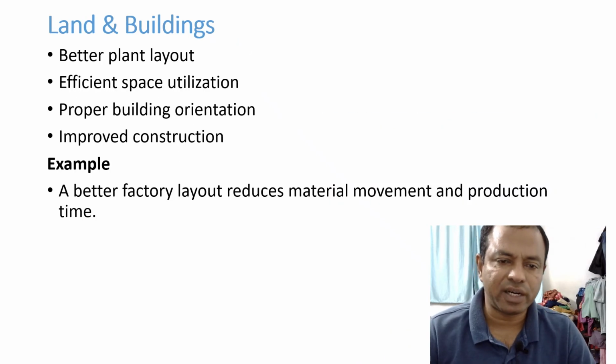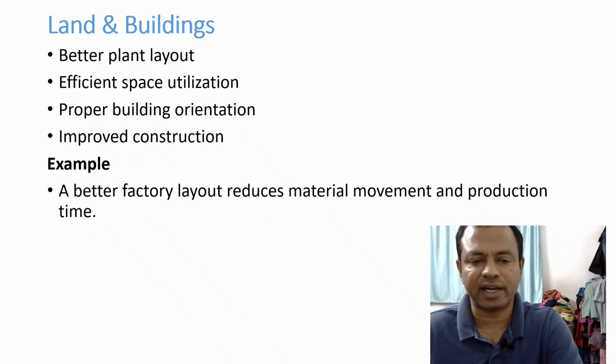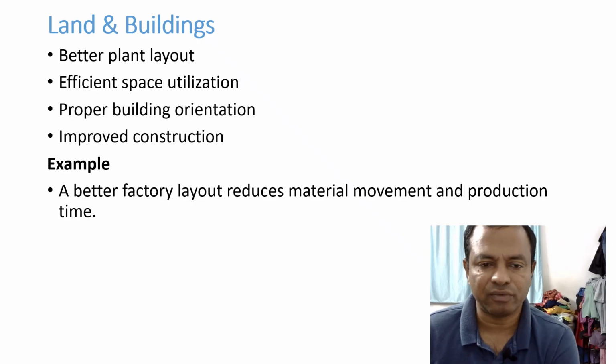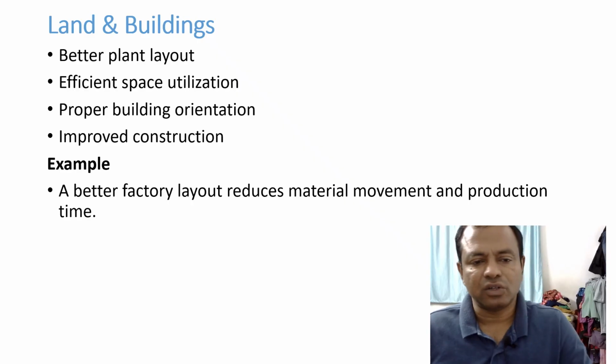And the last one is land and buildings. A better plant layout. Plant layout means how the machines are arranged inside a factory. Different types of plant layouts we will study in the coming classes.